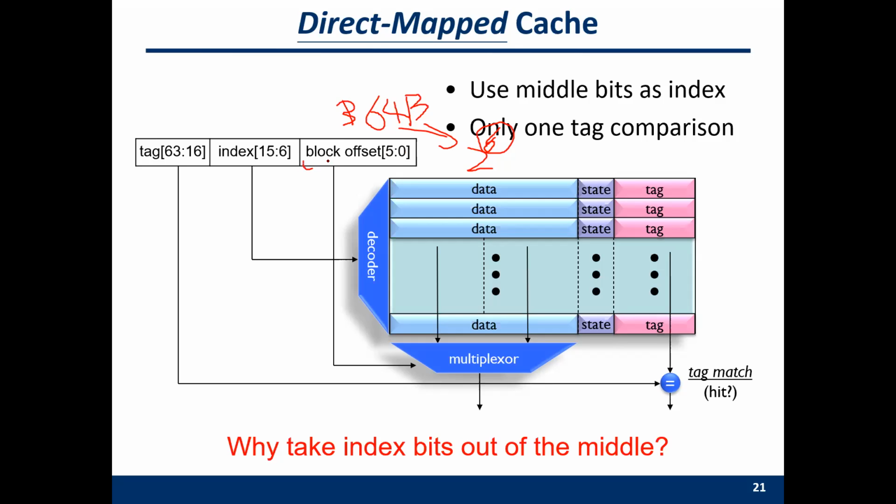That's the reason why the block offset is 6 bits, from 0 to 5.